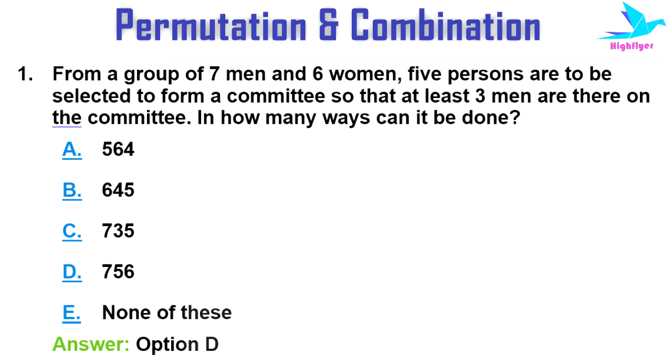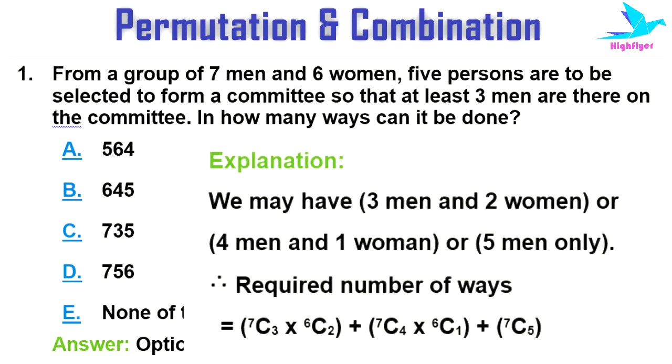Let's see how. According to the question, we may have 3 men and 2 women, or 4 men and 1 woman, or 5 men only, because it's given that we must have at least 3 men. At most we can have 5 men.